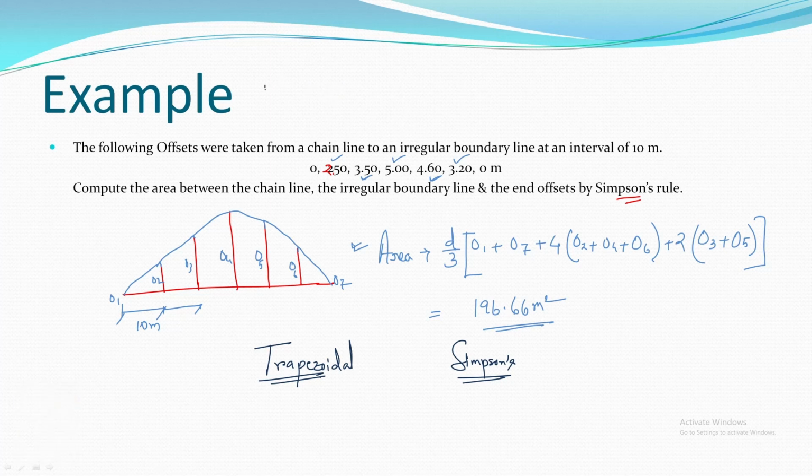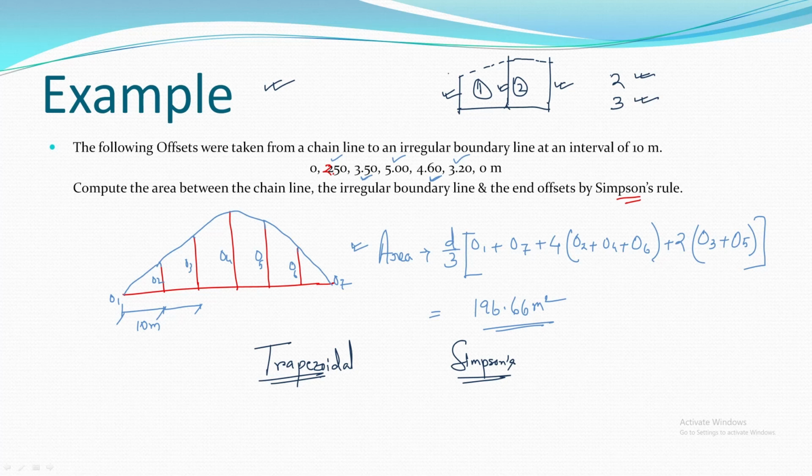At the time of derivation of Simpson's rule, we considered 3 ordinates, right? So, if we do not have an odd number of ordinates, we can't apply Simpson's rule. That means the number of intervals should be even. Here there are 2 intervals, which is even, and the number of ordinates is odd, that is 3.